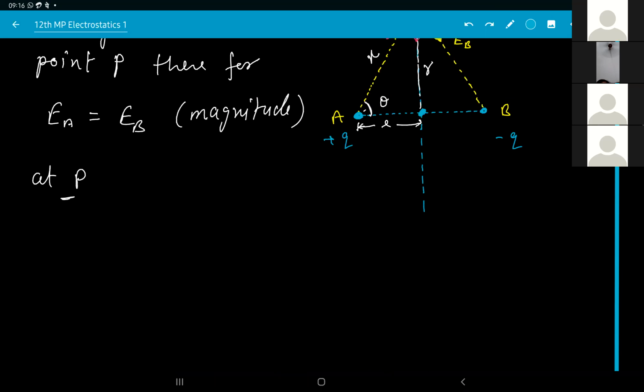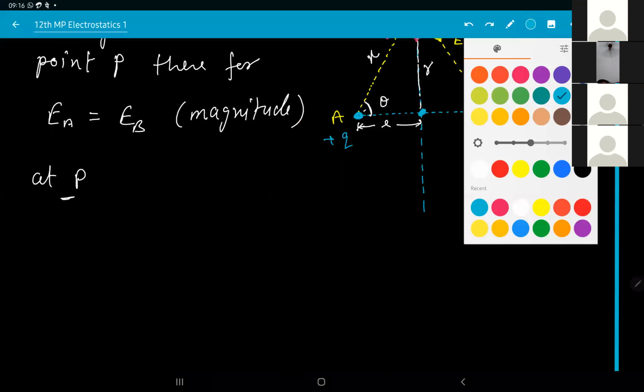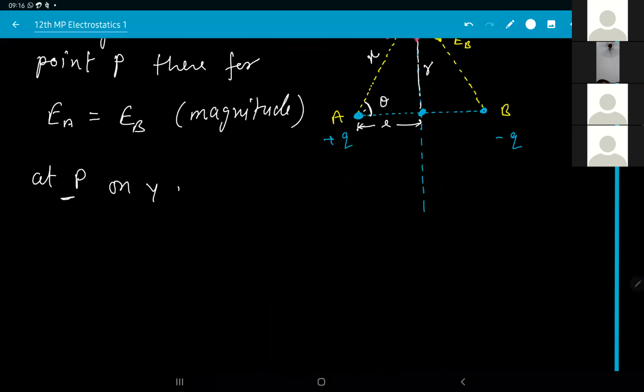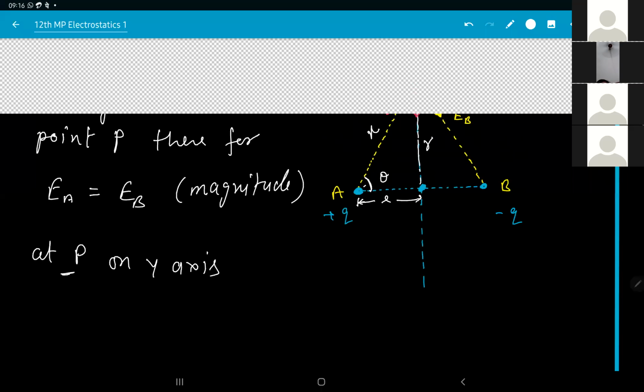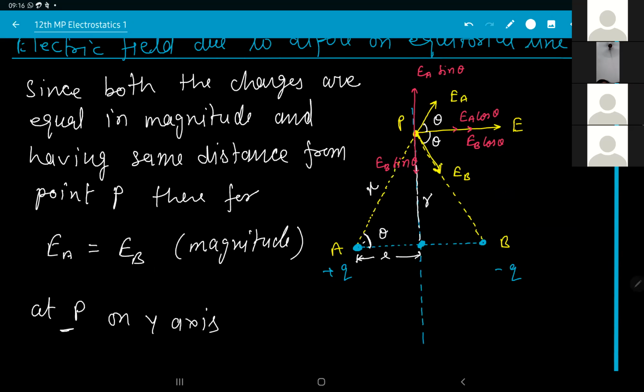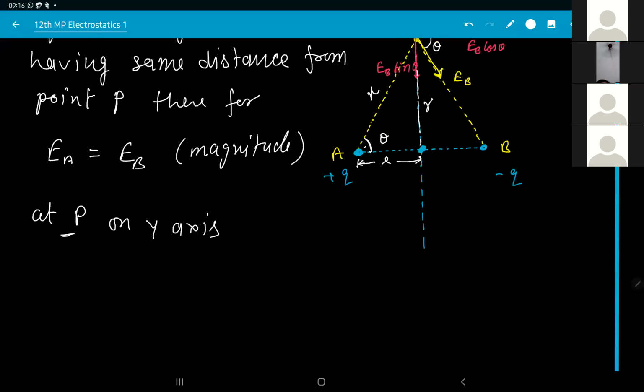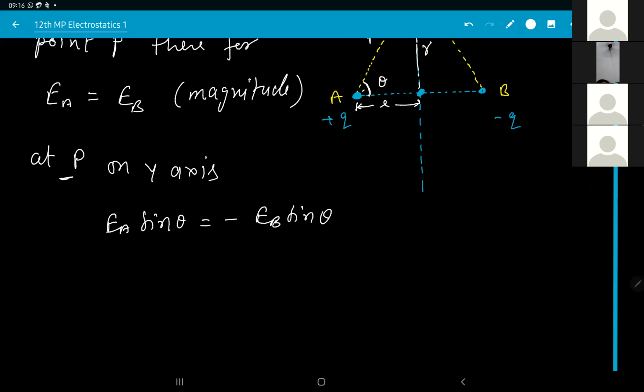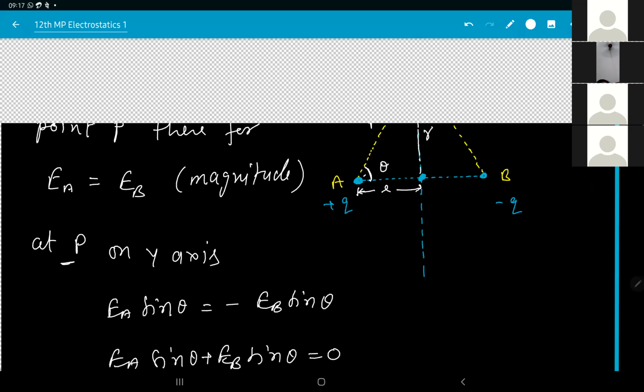Yes, okay. At point P, see, at point P, on the y-axis, EA sin theta is equal to minus EB sin theta. That means EA sin theta plus EB sin theta will be equal to 0.